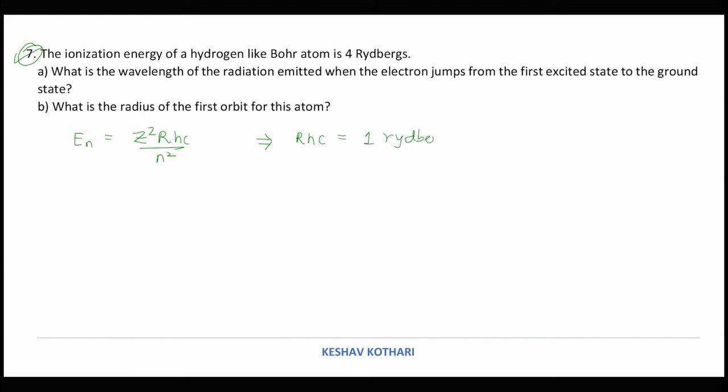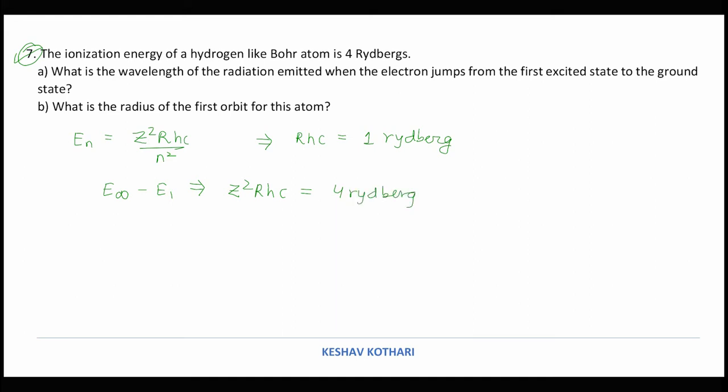So we take this value as equal to 1 Rydberg. Now when the question is telling us that the ionization energy of the hydrogen-like Bohr atom is 4 Rydbergs, I can say that the value corresponding to E infinity minus E1 will become equal to Z square RHc, which is equal to 4 Rydberg.